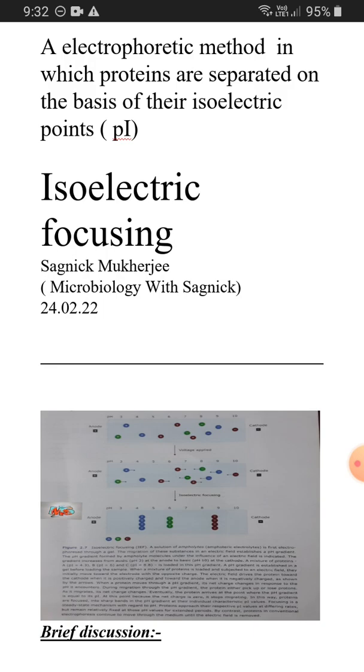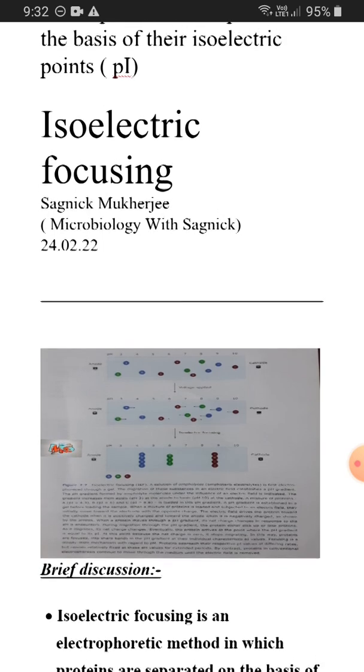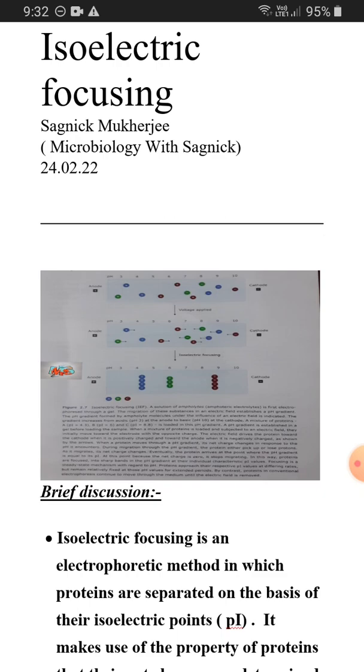The same principle applies in the case of protein. If your protein is located in an environment that is acidic, then it will become positively charged, and if your protein is located in an environment that is basic, your protein will be negatively charged.